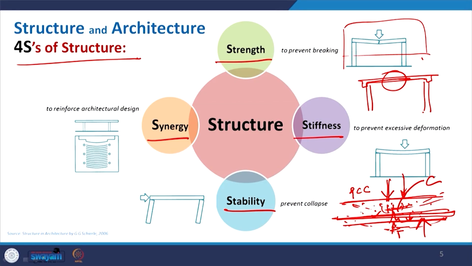So, to make it stronger, having good strength, we may look for some combination of different structural materials. Now, come to stiffness. Stiffness is a property which will prevent excessive deformation.